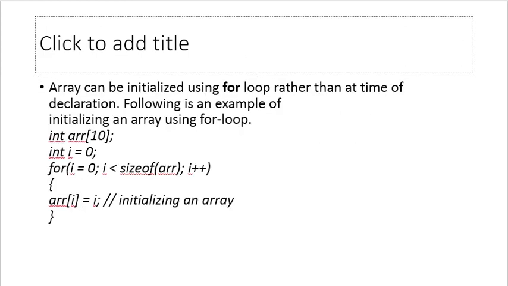An array can be initialized using a for loop rather than at the time of declaration. Following is an example of initializing an array using a for loop. For example, if you want to ask for any numbers from the user, I think 10 or 9, you just have to put a loop over it.